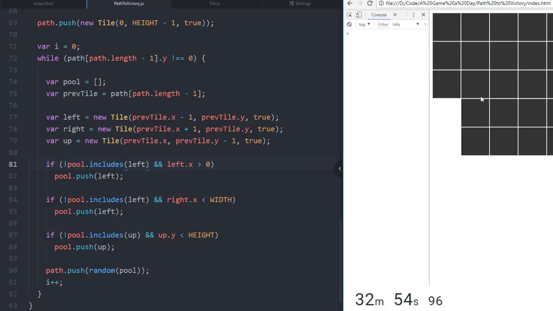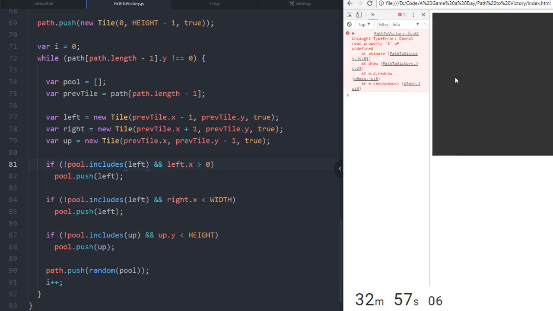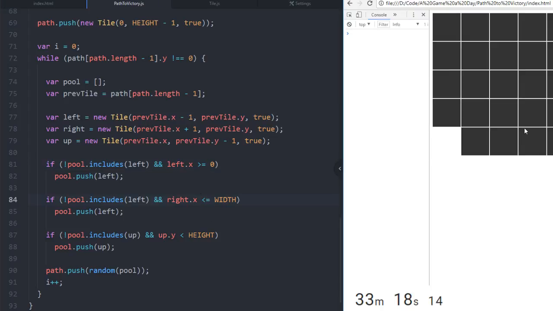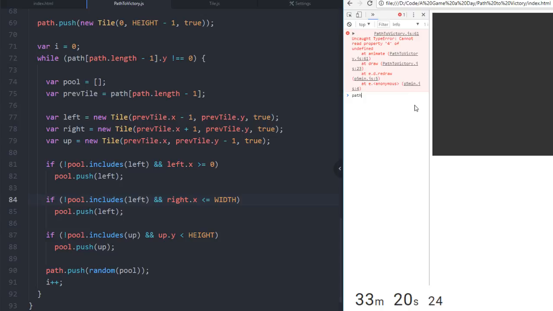No, we get it every time. No, okay, it went up once. And it's going to the left, so why is it going to the left? To the right, it should be less than width. It should be greater than 0. Greater than or equal to 0. Less than or equal to width. Let's try that. Nope. What?